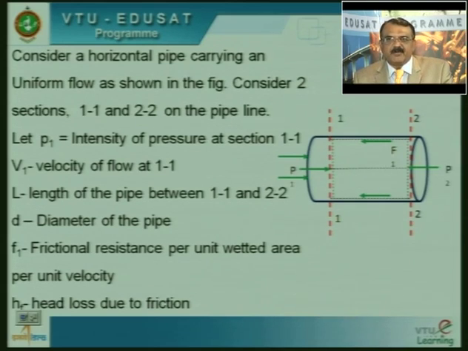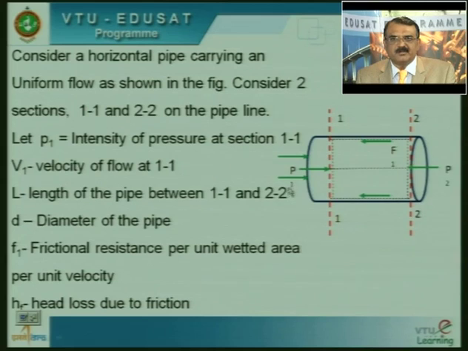Kindly note down, the length between section 1-1 and section 2-2 is L, or section 1-1 and section 2-2 are separated by a distance L. So what is L? The length between the two sections 1-1 and 2-2. Very important. Then I define another couple of terms here.